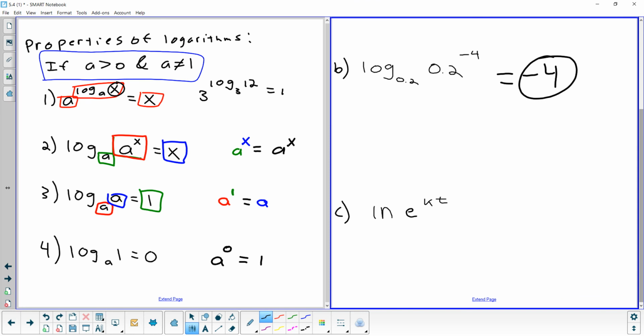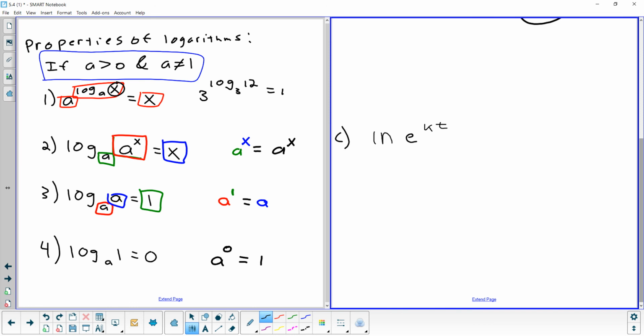How about C? Which property does that one look like? 2. It is 2, but could we make that a little clearer? Just write log base e of e.